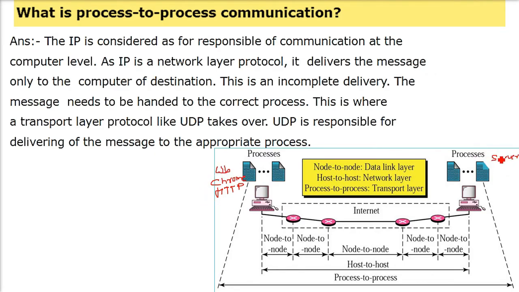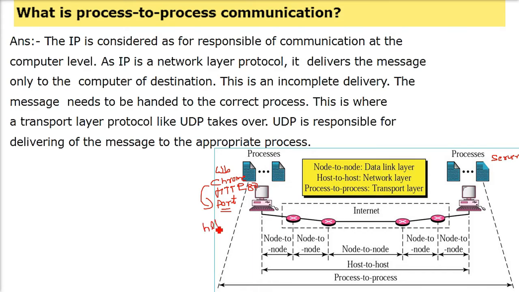So when you go to Google Chrome trying to access a web page, you are going to use HTTP, the hypertext transfer protocol, and this HTTP needs a port. Your port is automatically generated by the operating system, but ports 0 to 1023 are fixed for services, for the processes.